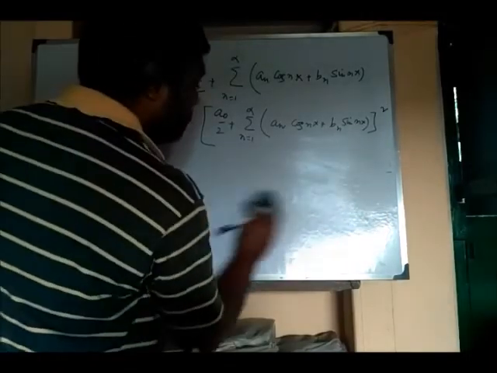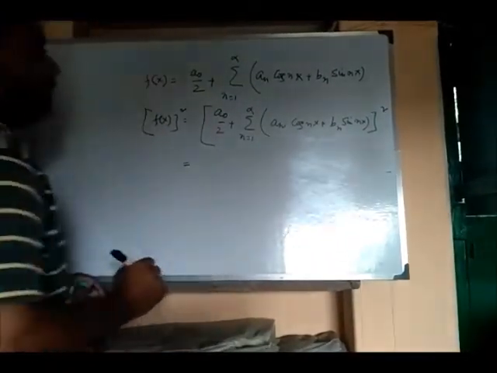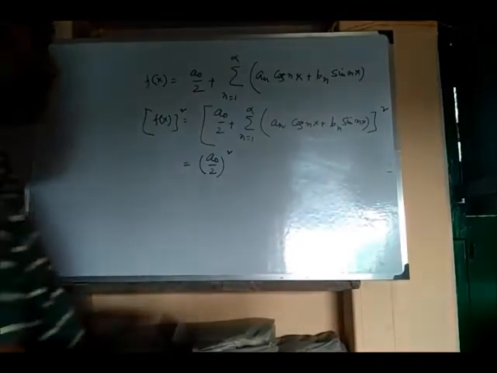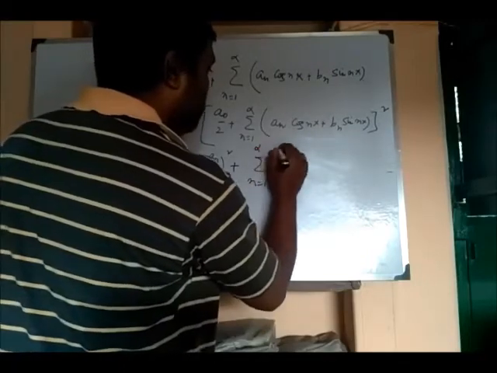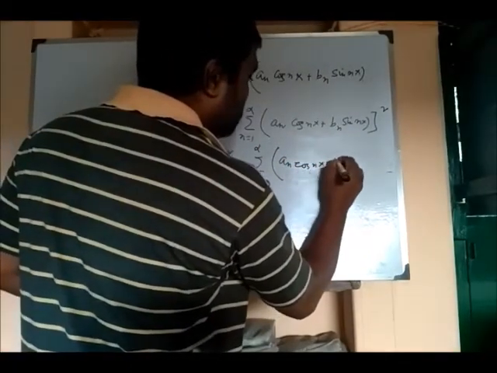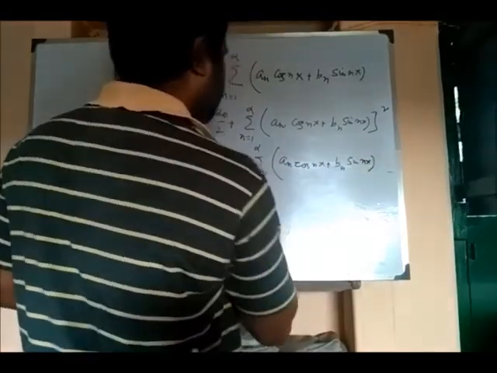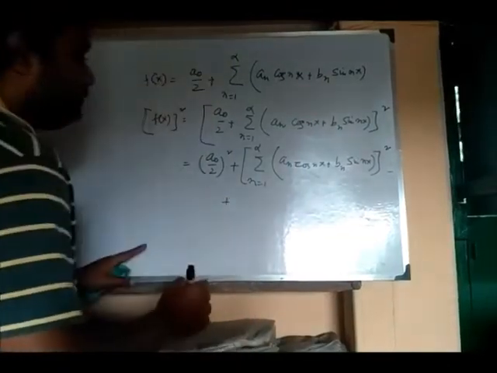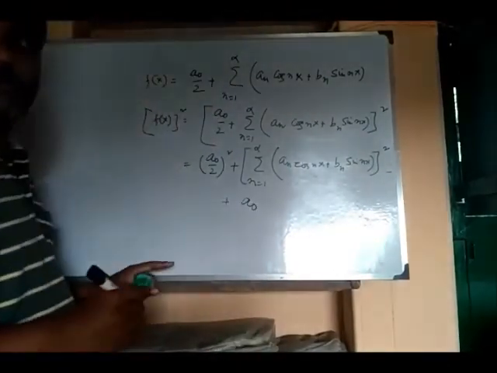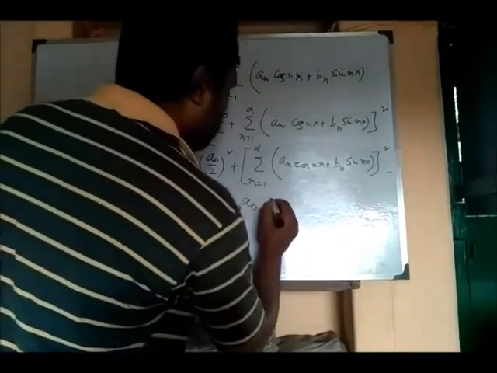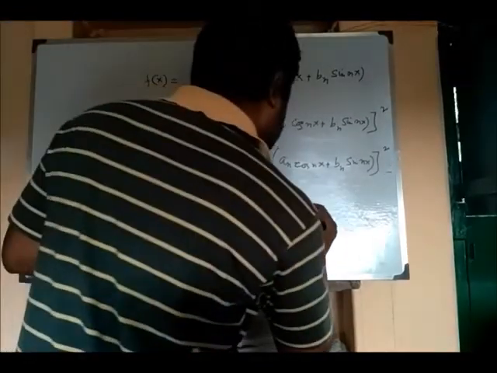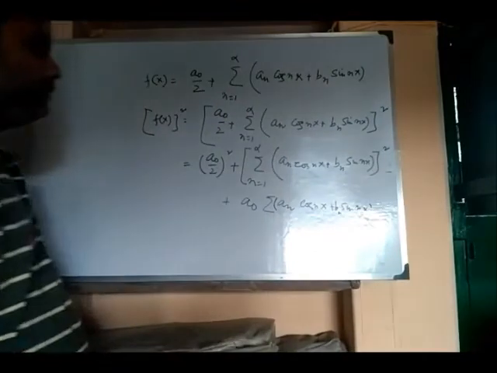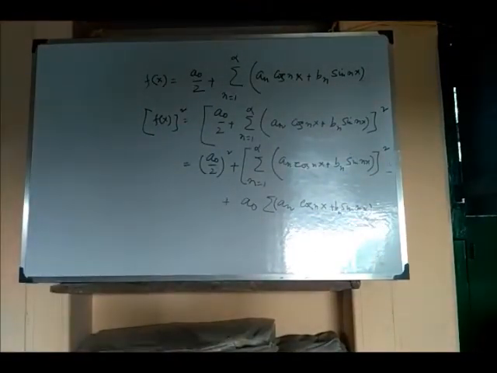So what you will get here is (a0 by 2) square, plus the sum of n equal to 1 to infinity of (an cos nx plus bn sin nx) squared, plus a0 into 2 times the sum of (an cos nx plus bn sin nx).